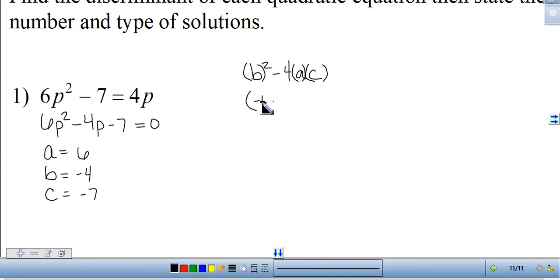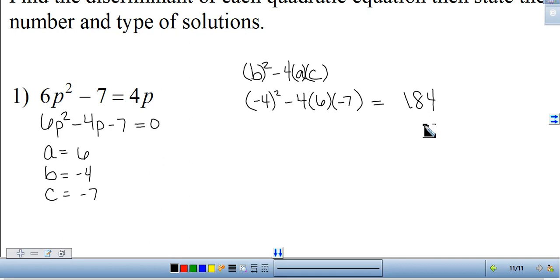I've got b squared, so I'll put my negative 4 right there, minus 4 times a, which is 6, and c, which is negative 7. Now you can put this in your calculator. Remember to put it in exactly as you see it here. Also remember that there is a difference between your negative signs and your minus signs. Once you put this in your calculator, you're going to get 184.